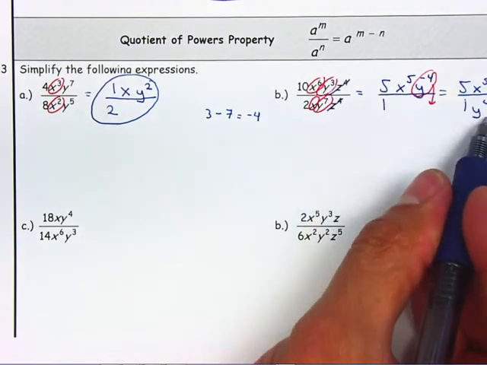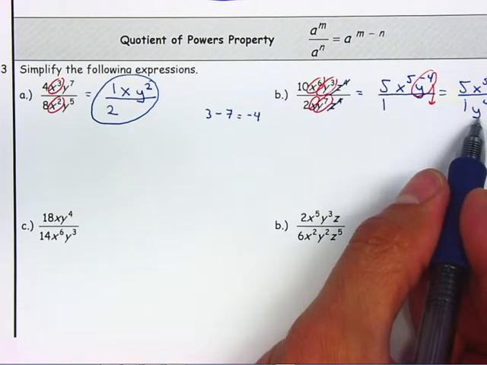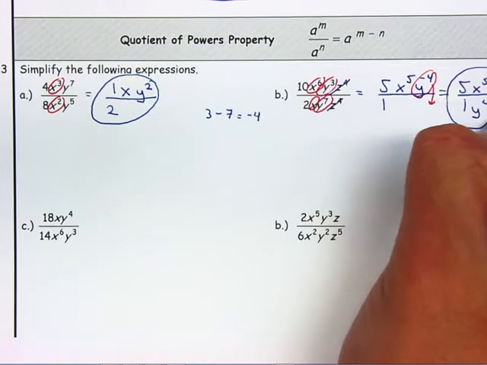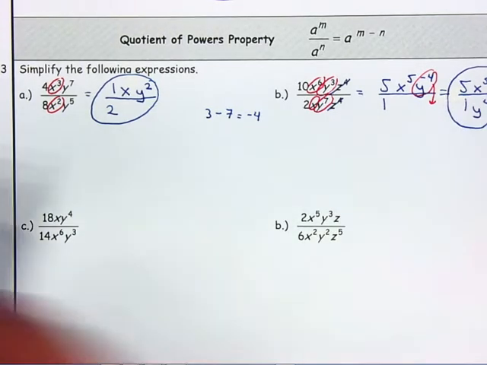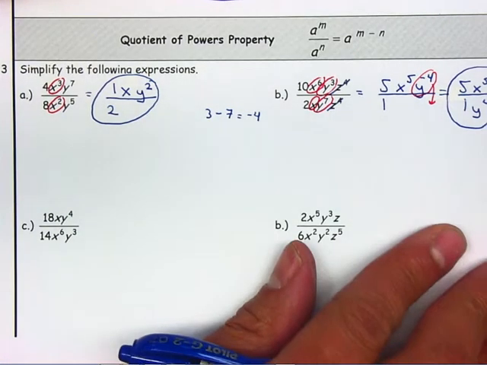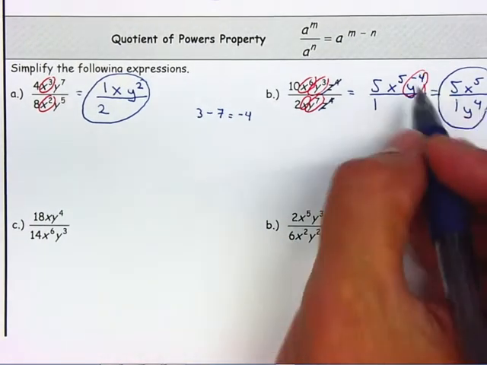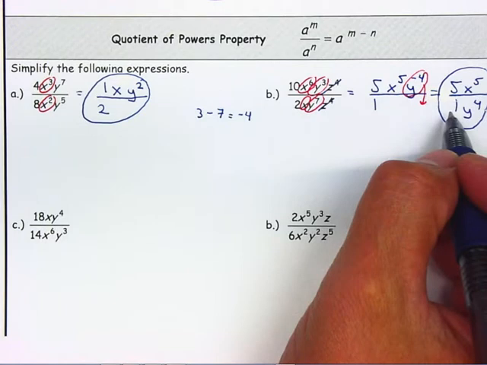Once you bring it to the denominator, it becomes the opposite. It becomes positive in this case. And that'll be your answer. Your answers should not have a negative exponent. So you should not have a negative exponent as part of your answer.